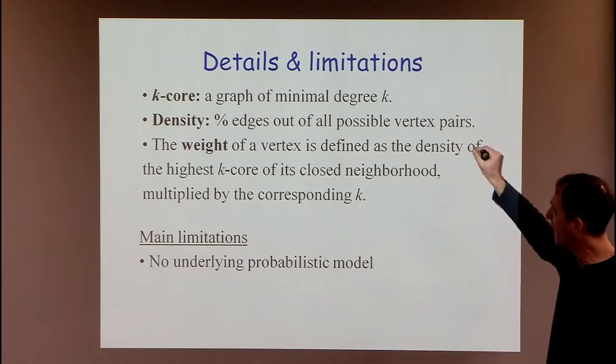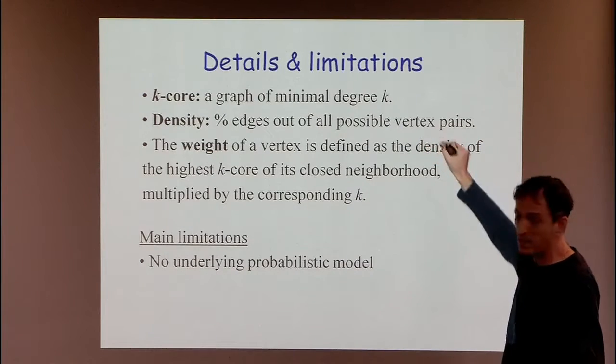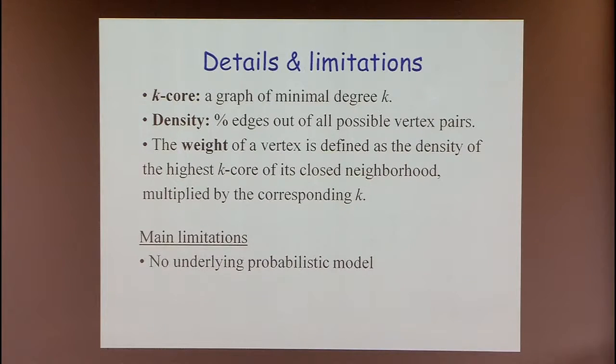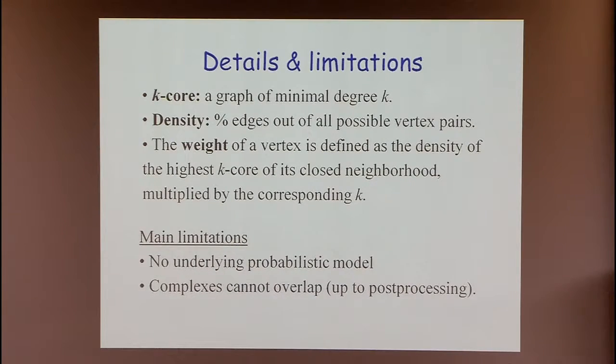So the definition here is not statistically based, it's more combinatorially based, right? And so this is one challenge we would want to tackle, or we would want to have some assurance for the statistical significance of the modules that we identify. And the other limitation, although I will not dwell on that, is that by definition of the algorithm, the complexes cannot overlap, even though in a post-processing step, they could be made overlapping.